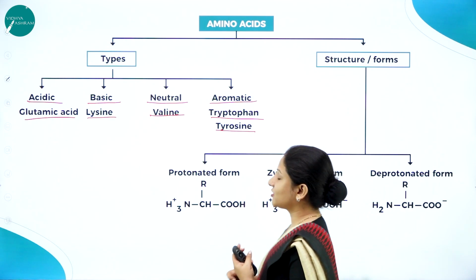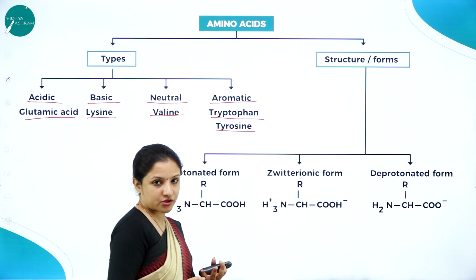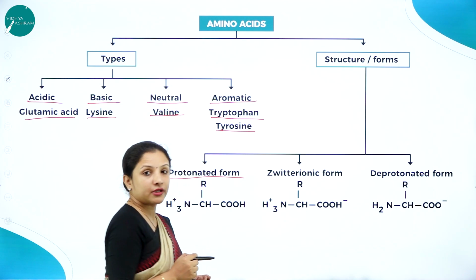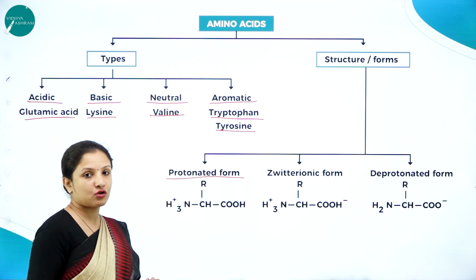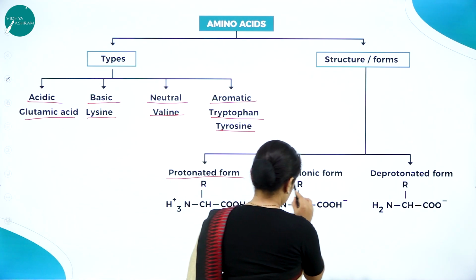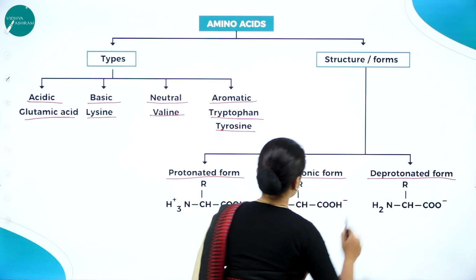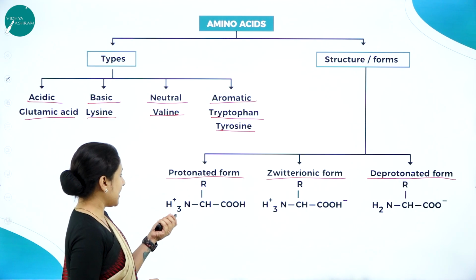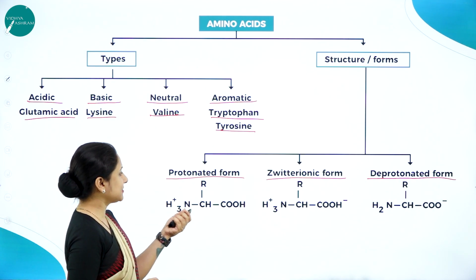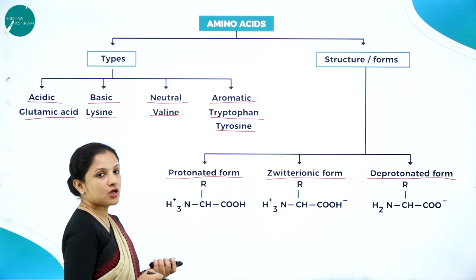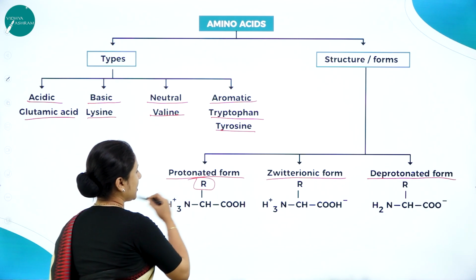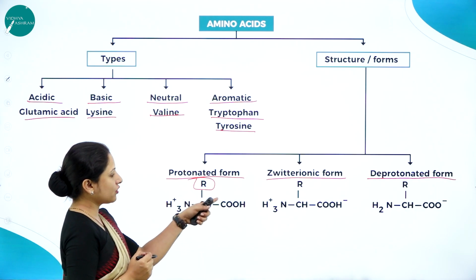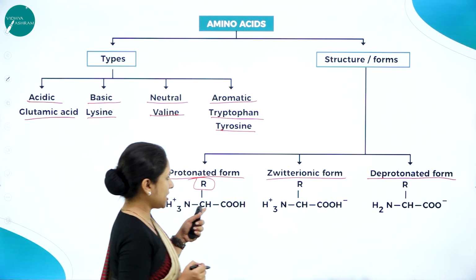Next, moving to the structure and forms. Based on the structure and forms, amino acids can exist in protonated form, which means there is an addition of H+ ions, zwitterionic form and deprotonated form. In the protonated form, the formula is NH3+ CHR COOH, wherein R is the variable group, and as you can see there is an addition of the proton here, therefore it is protonated.